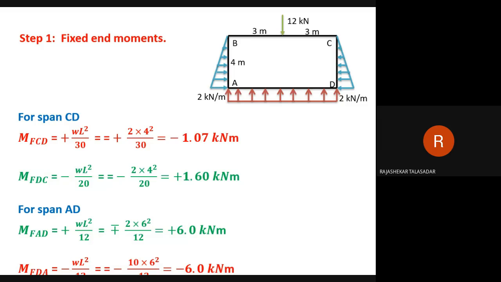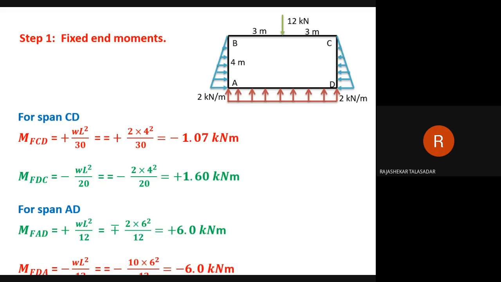Next, one more span is there, that is CD. This span I will not keep because I am considering only 50% because of symmetry. So MF CD, I have just now calculated, but even if you leave it, it is okay. But span AD you need to calculate. See, if the UDL is there, the left span is minus, when the loading is downward.